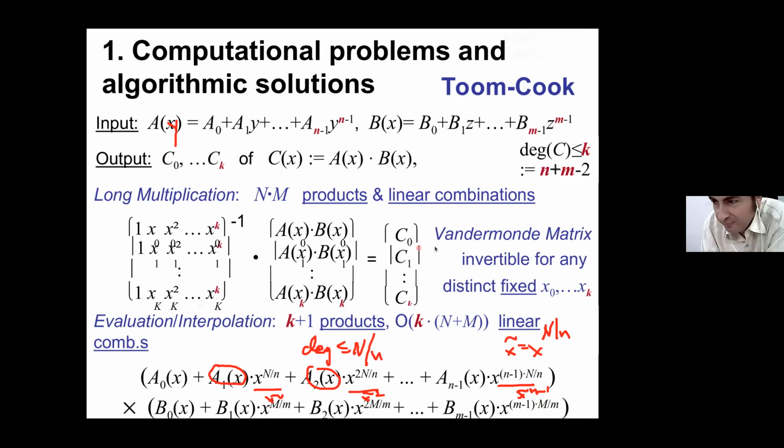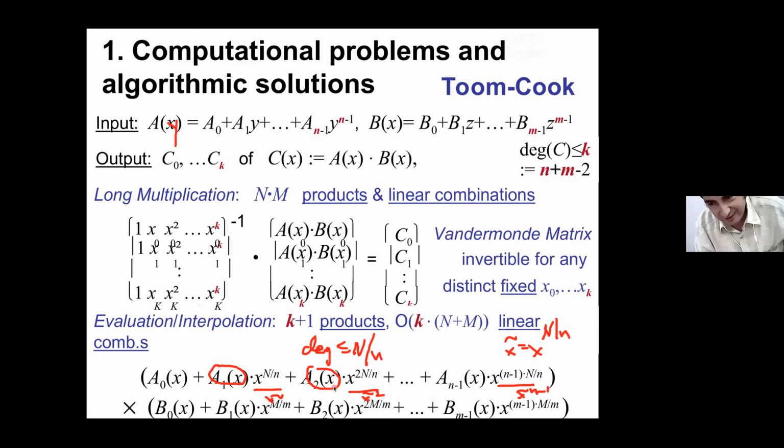You use this construction, except that now a of x0 and b of x0 are obtained by only substituting values for x tilde. This means that these themselves are polynomials which are linear combinations of the ai.